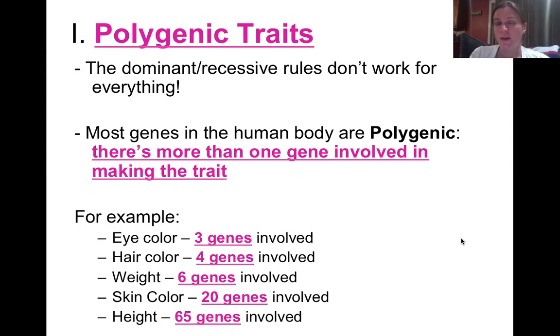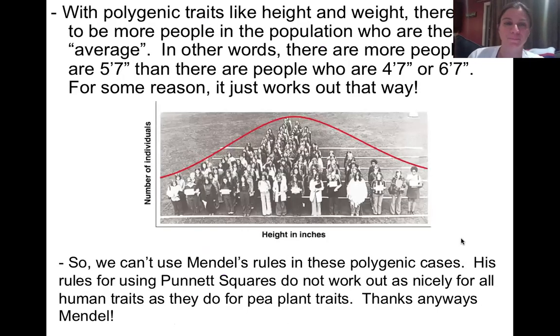You may be extremely tall in your family or extremely short in your family, and your parents aren't tall or short, or the opposite of that. You have to look to your extended family, like your grandparents and your aunts and your uncles, because all of that information is inside of your parents, or a combination of that information at least. So 65 genes is pretty difficult to figure out.